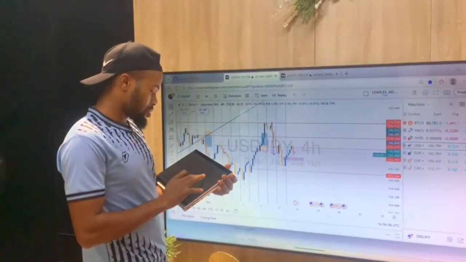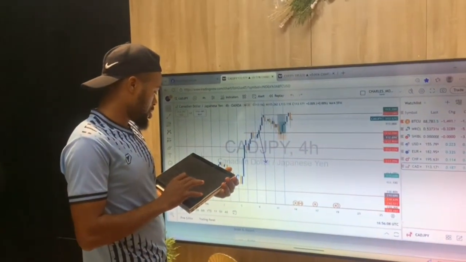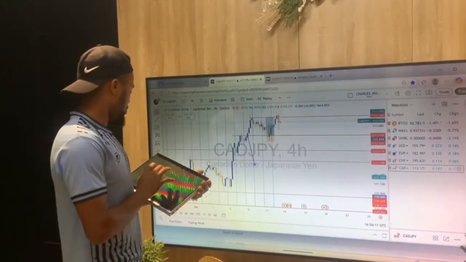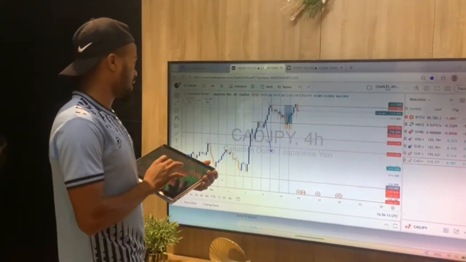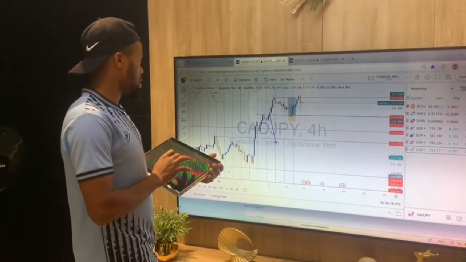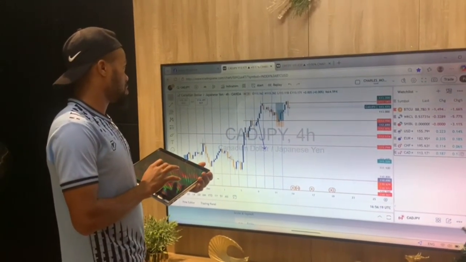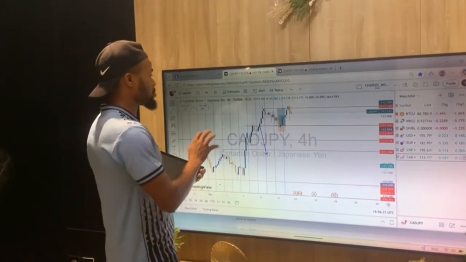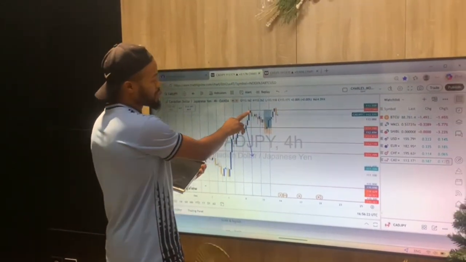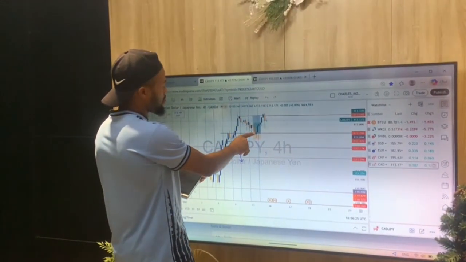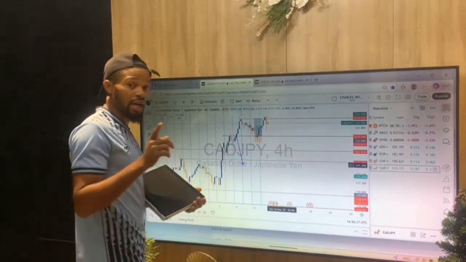Let's also check on CAD-JPY. For this, this is probably a sell position. It's a sell position. This is a recent high. The market went down from here. You see what I explained earlier.